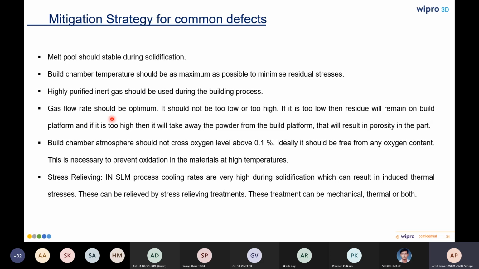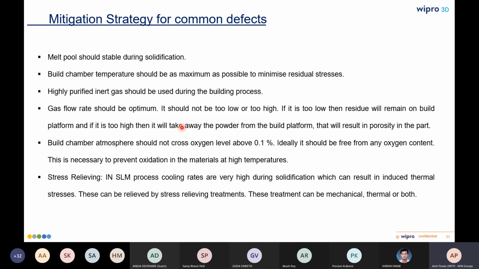And the gas flow rate, as I mentioned, we are using nitrogen or argon. The gas flow rate should be optimum, not too low or too high. If it is too low, then the residue will remain on the build platform, and the spatter I was talking about.